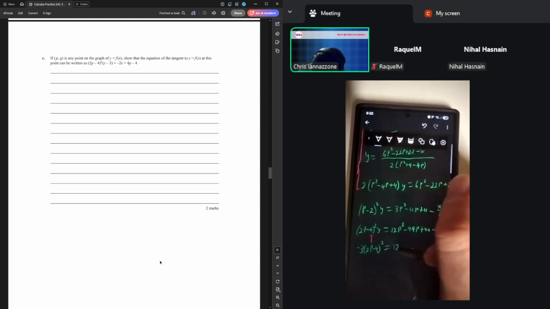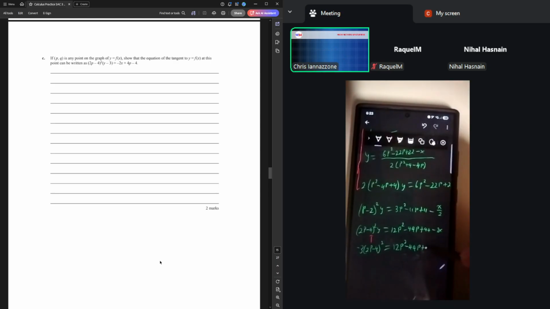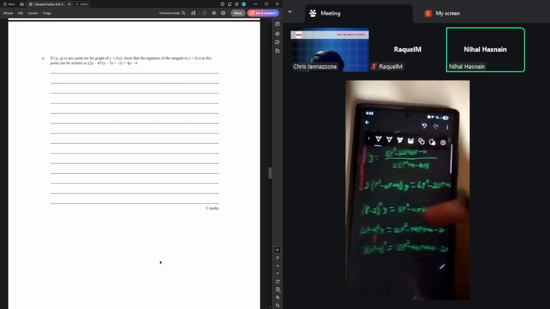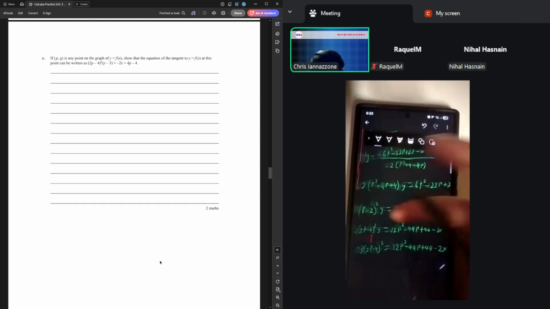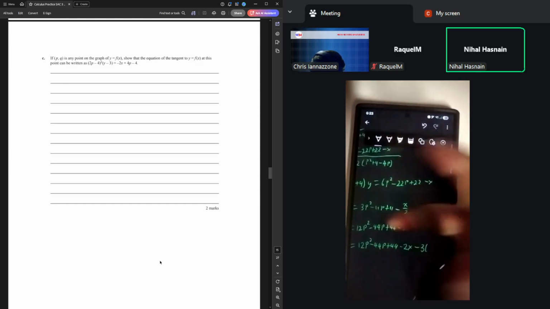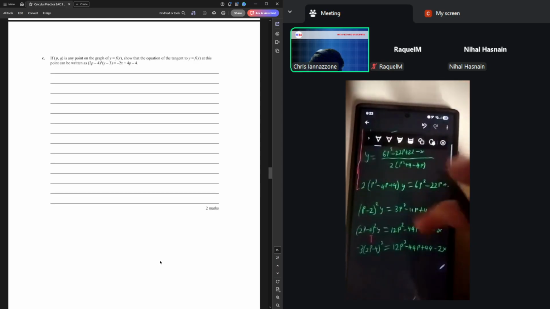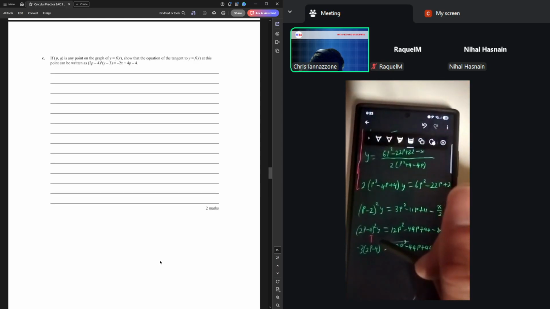You're now going to have 12p squared minus 44p plus 44, take 2x, and then take 3 bracket 2p, take 4 all squared. And that would get us, yeah, y take 3 copies of that.